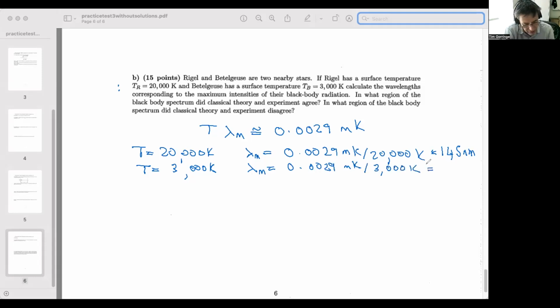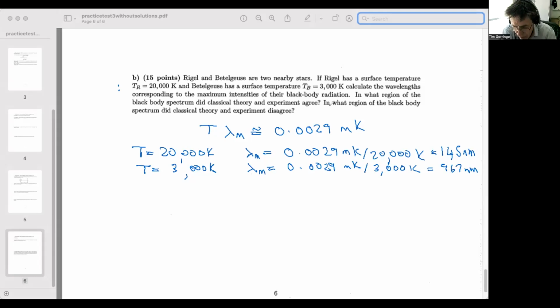I calculated this, and I got a number that is about 967 nanometers. This is a wavelength that is longer than visible light. So this is in the infrared region.